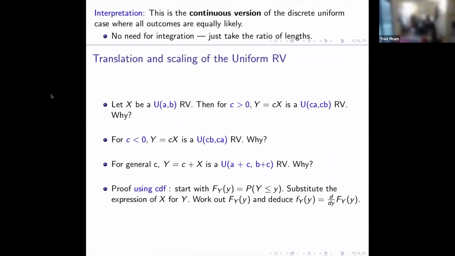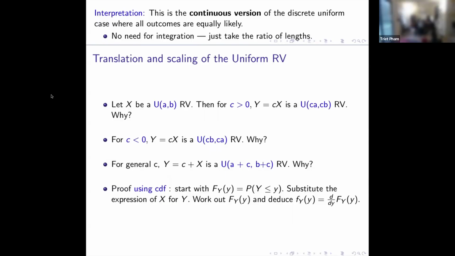So one thing that may seem trivial to you right now is the aspect of scaling and translating a random variable. Scaling is when you multiply a random variable by a constant, and translating is when you add a constant to a random variable. Those of you who have taken some statistics or probability should have seen this via the Z transformation for the normal random variable.